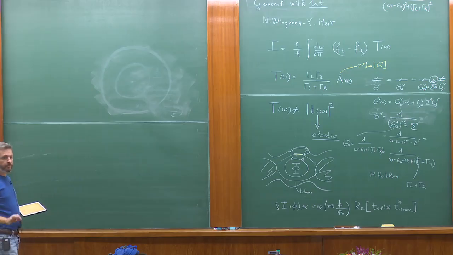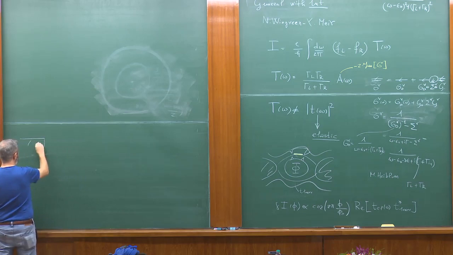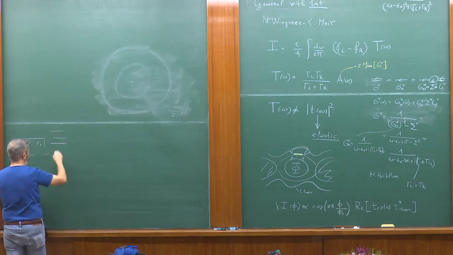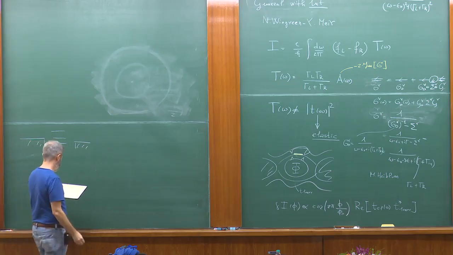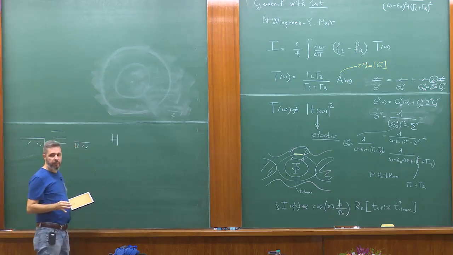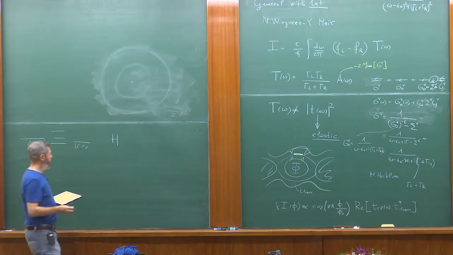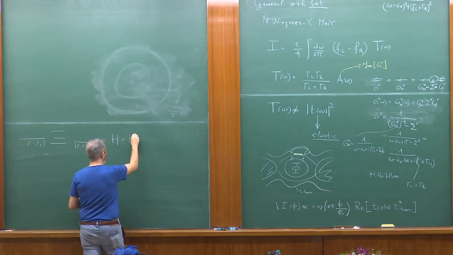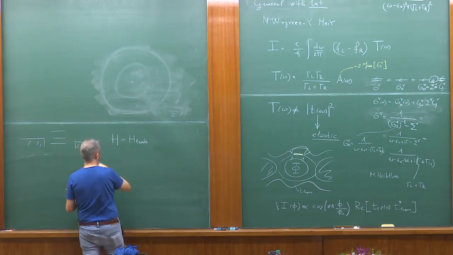So that's the goal. And we're going to do it in general. So what I'm going to do is deal with a problem in which I have a resonance. I have two leads with two different chemical potentials. And then I have some scattering region in the middle, and I compute. I have some interaction in here.